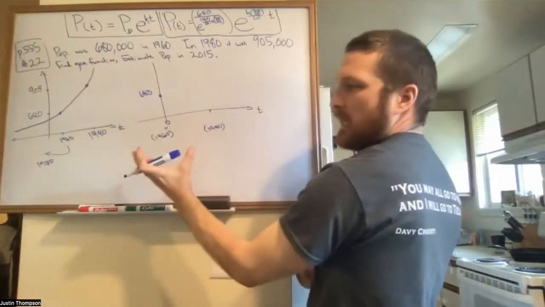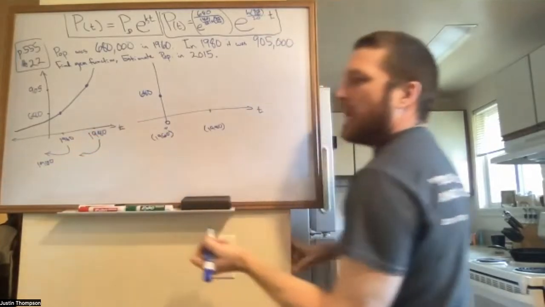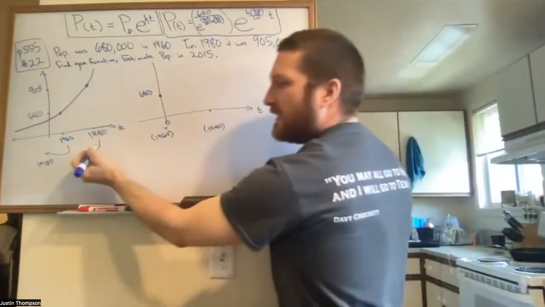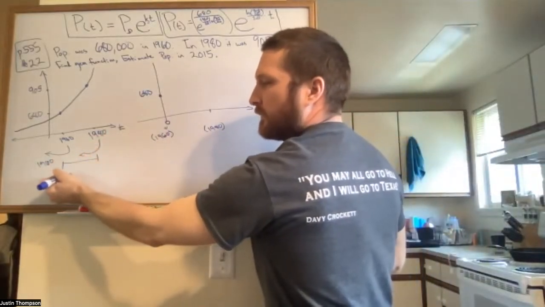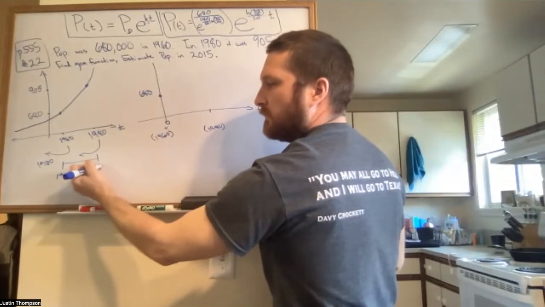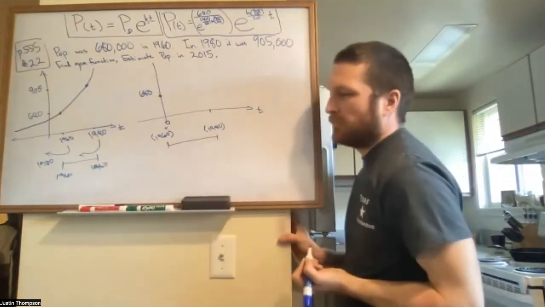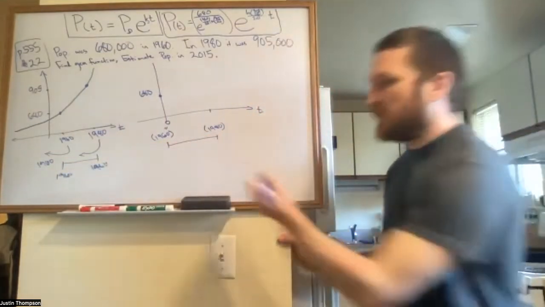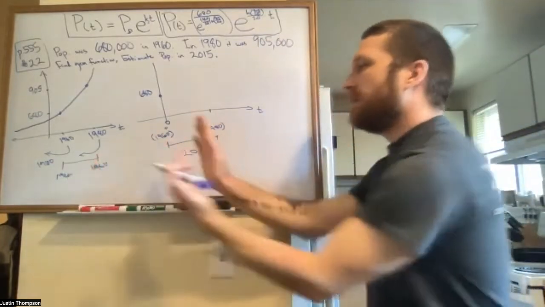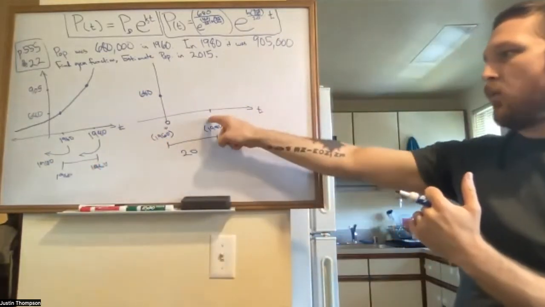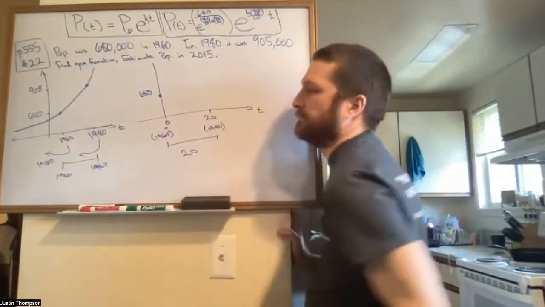And if that's the case, what does 1980 end up at? That distance between them is still the same. We haven't changed that. And so what's the distance between these two numbers? 20. It's still 20. And so if 1960 is at 0, 1980 is at what? 20. There we go.